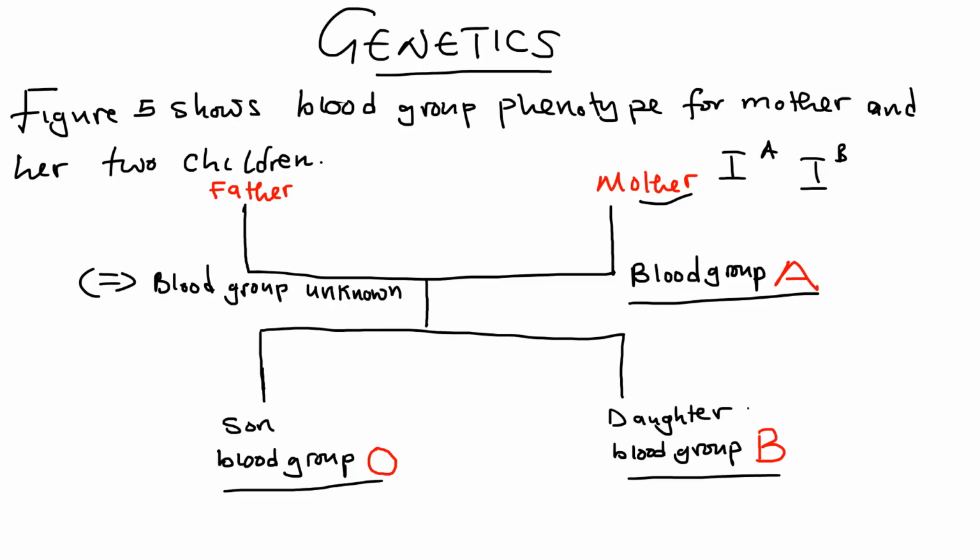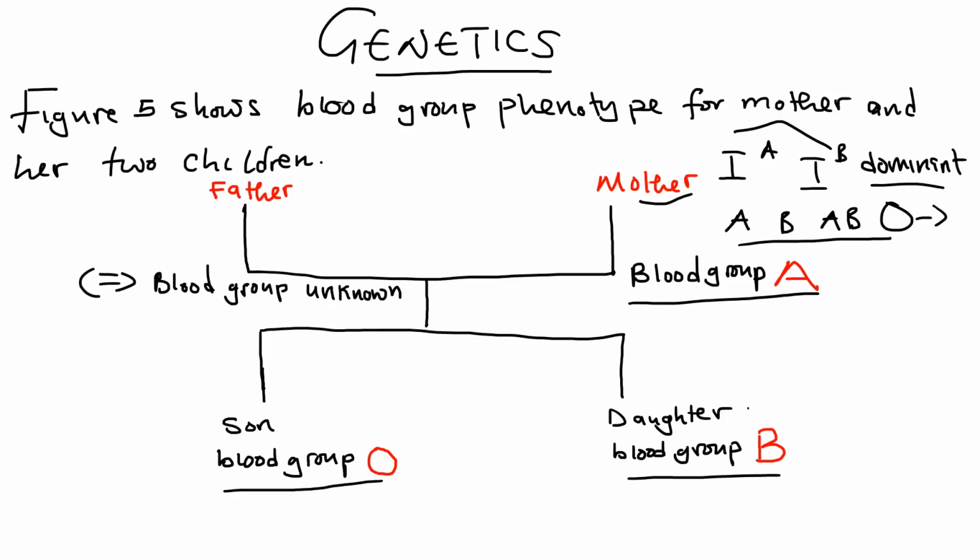So we only have two alleles for blood group, A and B. And there are four different blood groups: blood group A, blood group B, blood group AB, and blood group O. The A and B alleles are dominant, so wherever you find them, they take effect. Blood group O is just the absence of A and B, and blood group O is recessive. That is something you should know.